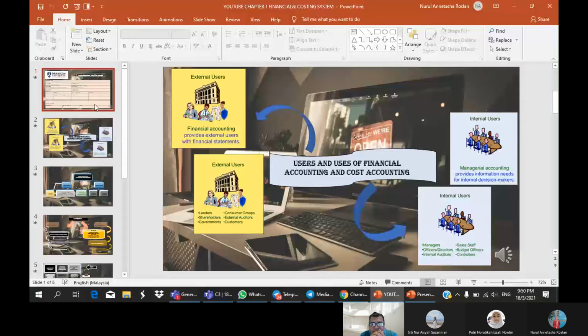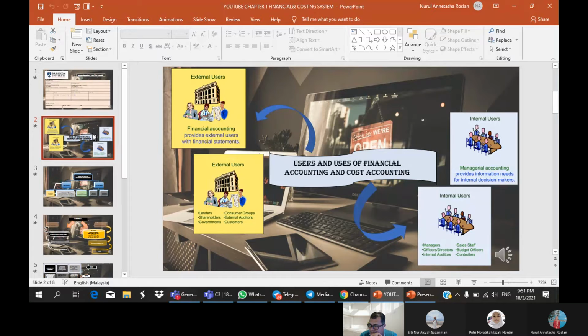Alright. Okay, first of users and uses of financial accounting and cost accounting, there are two, which is external users and internal users. External users means financial accounting provides external users with financial statements. For example, lenders, shareholders, government, consumer group, external auditors and customers.